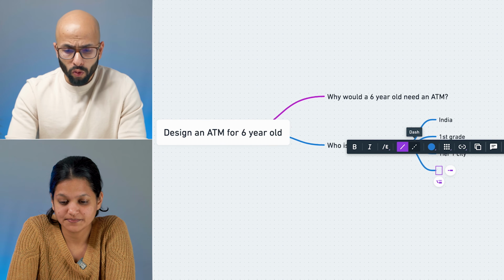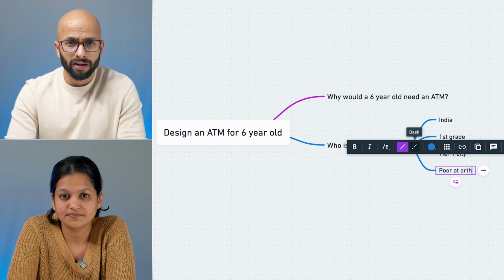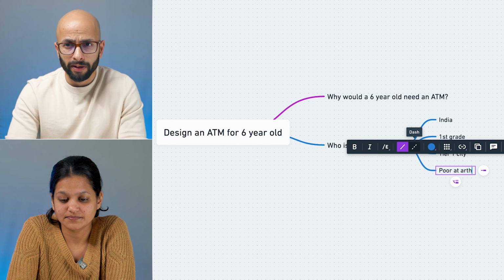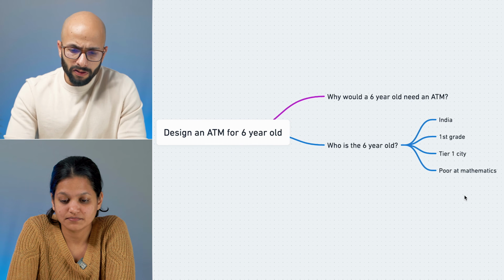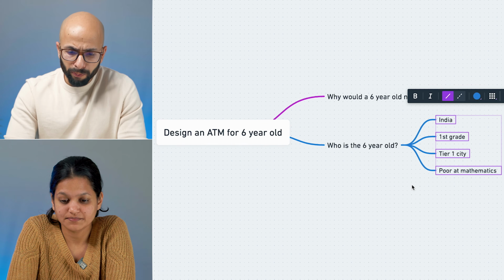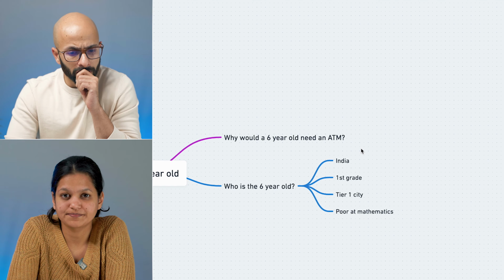And most likely they are poor at arithmetics, or at least complex arithmetics, right? I don't think they can do multiplication, etc. Probably can do very simple plus minus, 5 plus 5, etc. And this is what I'm understanding from the first user, but I want to double dive on why would a 6-year-old really need an ATM, right?